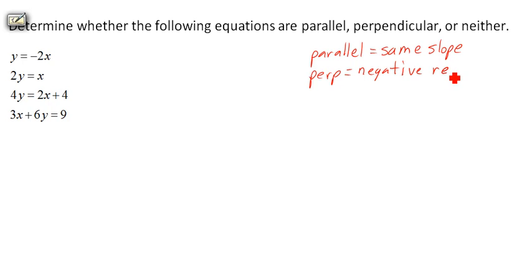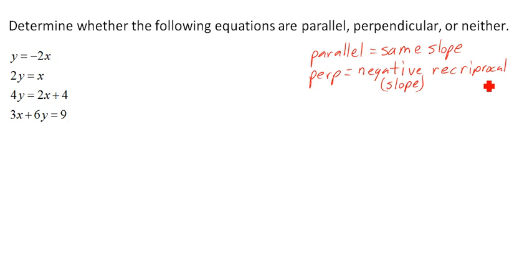Okay, now what that means is that the slope needs to change the sign. So if it's positive, make it negative. If it's negative, make it positive. And then the reciprocal, which means to flip the fraction. And if it's neither, then that means that the slope isn't the same, nor is it the negative reciprocal.